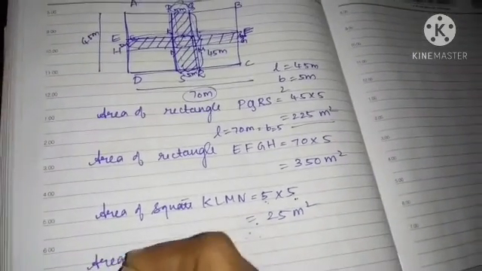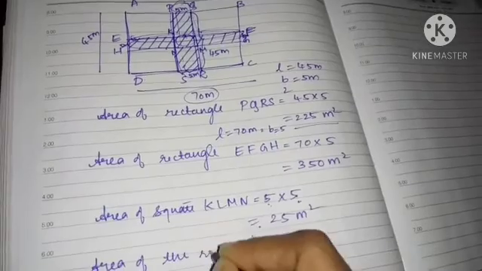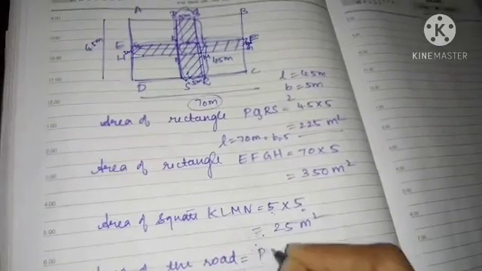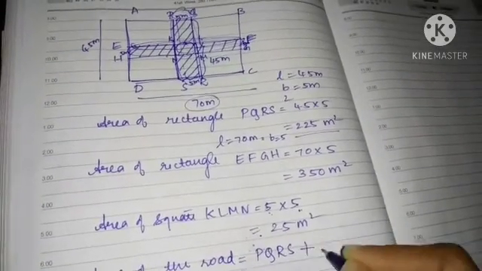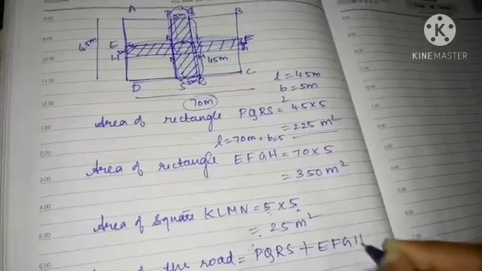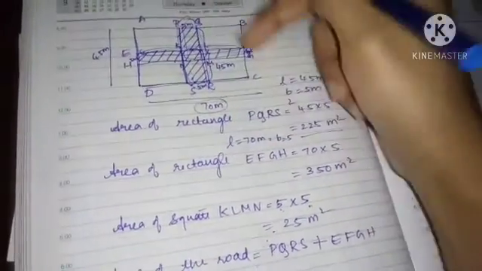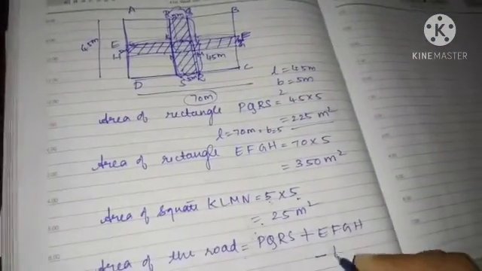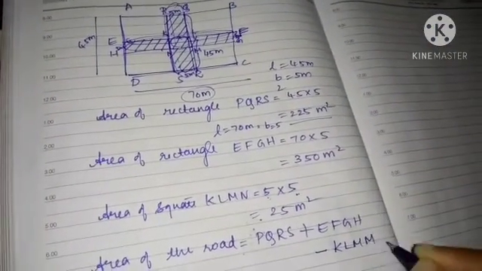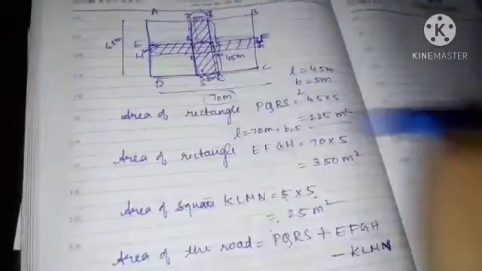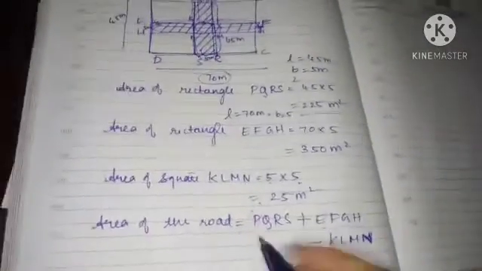So area of the road is equal to PQRS plus EFGH minus KLMN. Because once if you minus it, it is considered.